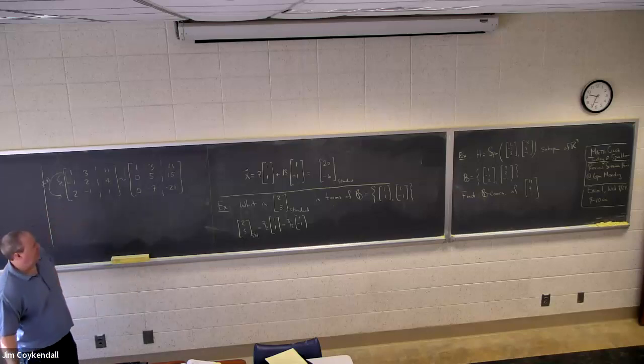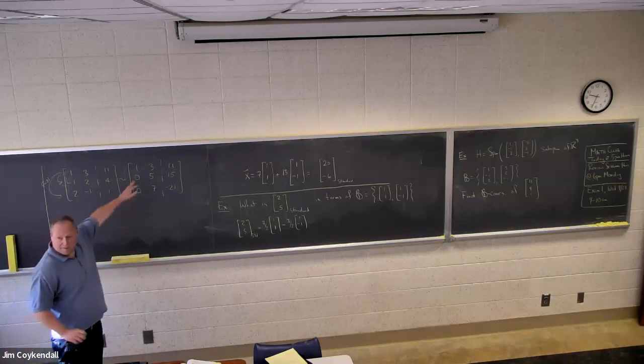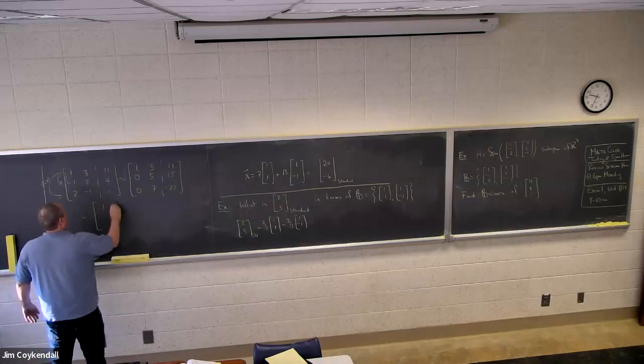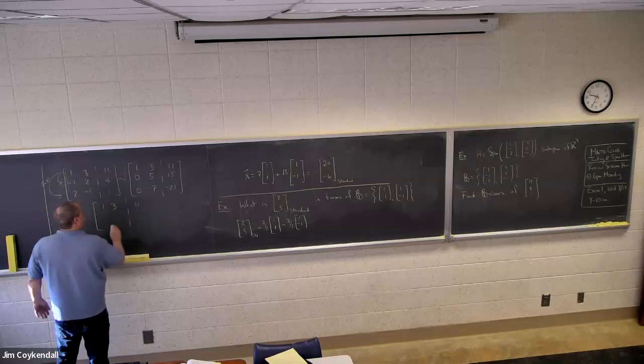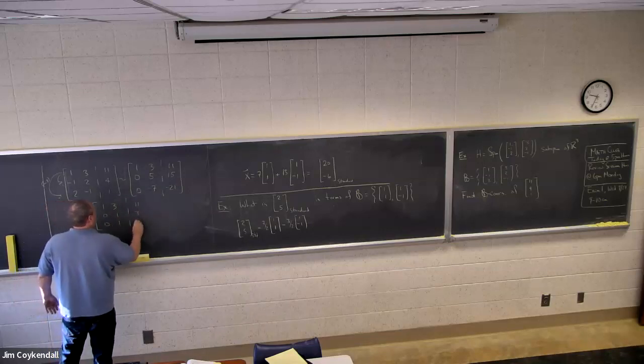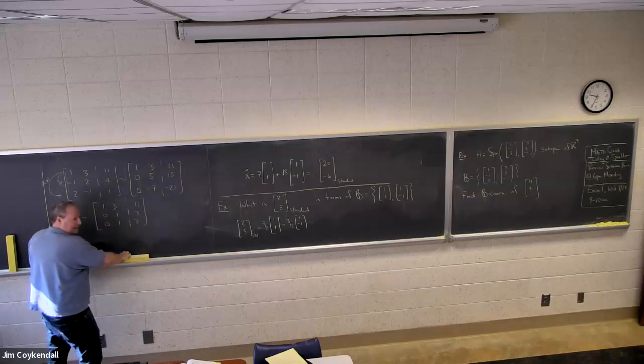What's my next move in this chess game? I'm going to divide these last two lines. So this is going to be 1, 3, 11, 0, 1, 3, 0, 1, 3. Well, how about that?